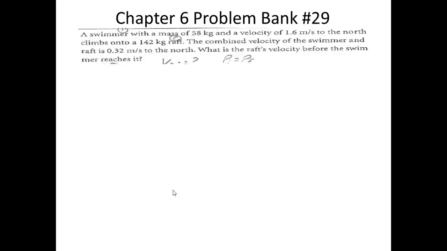So we'll say that positive is to the north. We are given that the mass of the swimmer is equal to 58 kilograms. The initial velocity of the swimmer is equal to 1.6 meters per second.